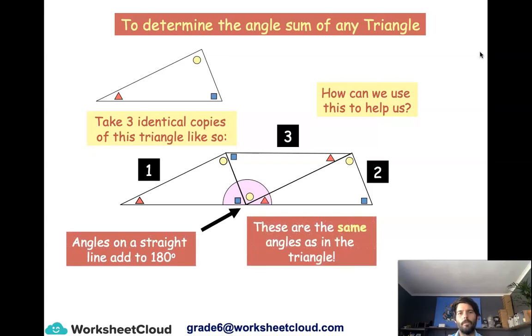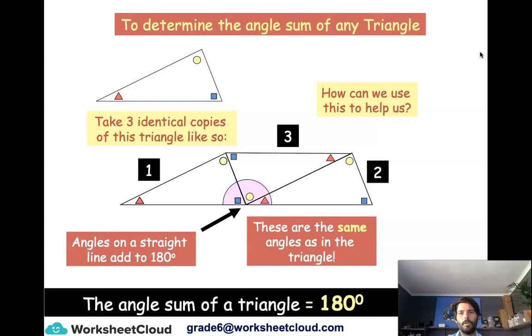Feel free to play this back and look at these visuals again if you need to go over it for a second or third time. And there's the underlying proof: the angle sum of a triangle is equal to 180.